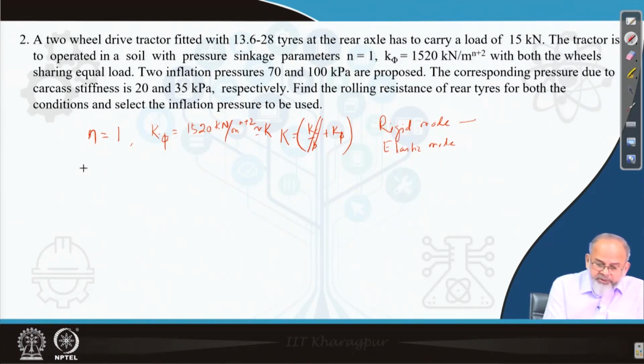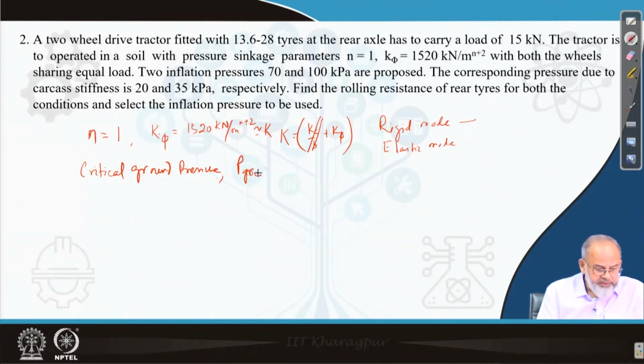Now, for finding out the critical ground pressure, we denote it as P G critical, GRC.